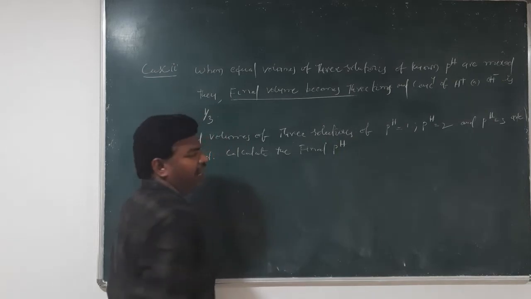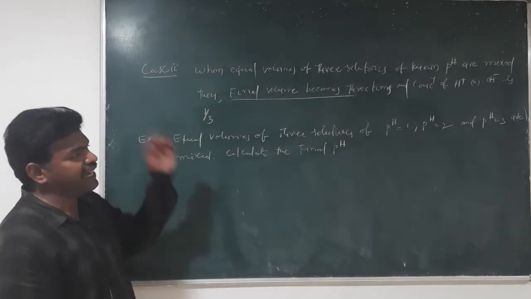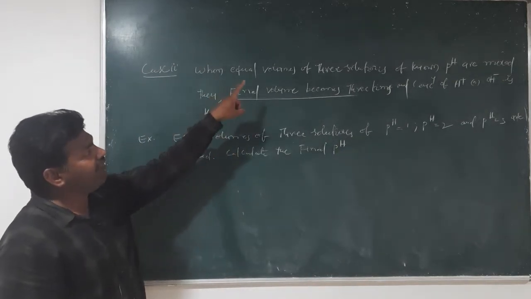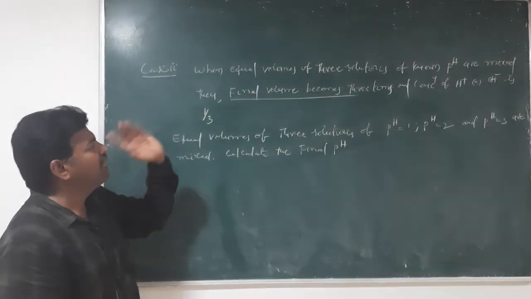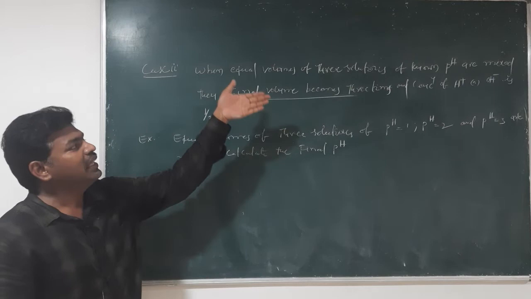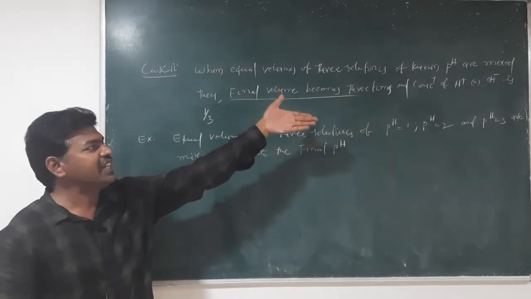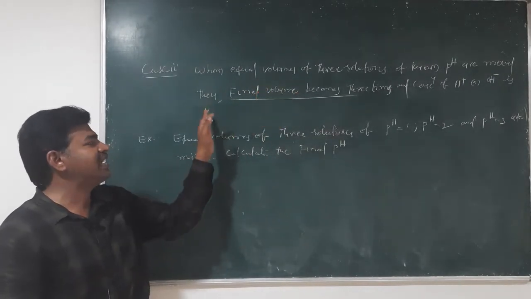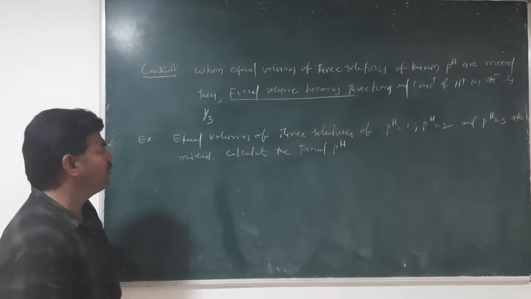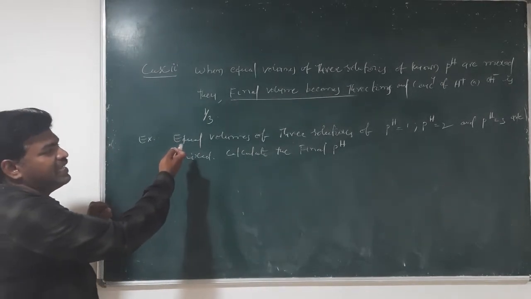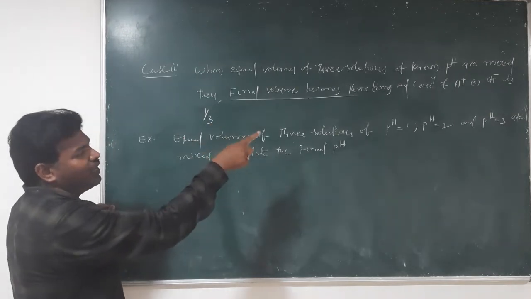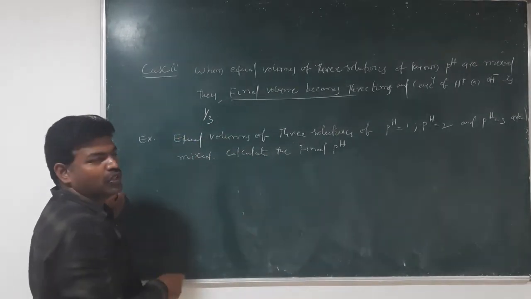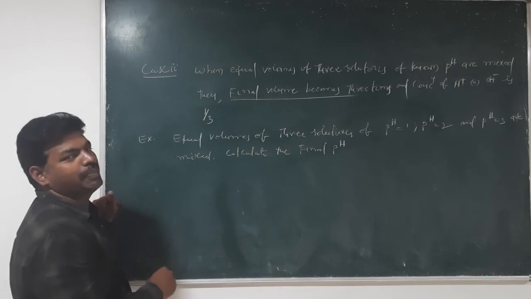Okay, and what we know is that when equal volumes of 3 solutions of known pH are mixed, the final volume becomes 3 times and the concentration of H plus or OH minus ion is 1/3. So here the problem is equal volumes of 3 solutions of pH 1, pH 2 and pH 3 are mixed. So let us calculate the final pH.